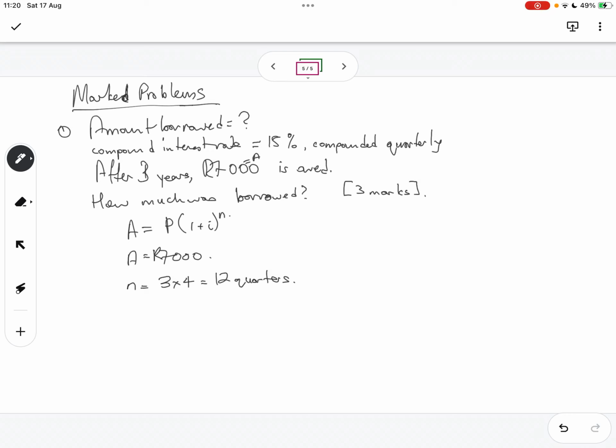All right. Then about the interest rate. The interest rate is 15%, but remember it's compounded quarterly. So how do we then work it out? So it's 15 divided by 100. Yes, it's 15 divided by 100. But now, where does the quarter that it is going to be compounded into go in this equation?